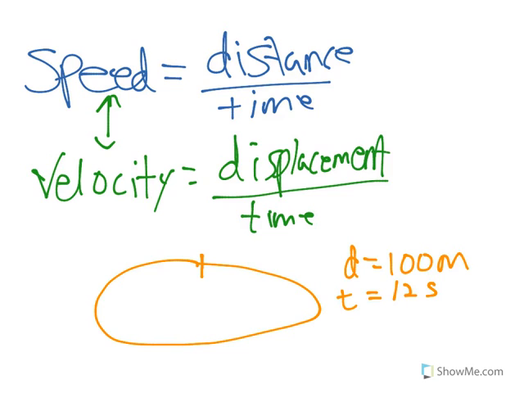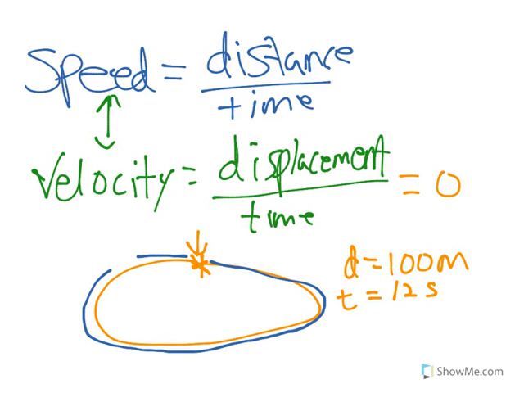The velocity, if we started here and ended here, is equal to 0 in that case, because the displacement is 0, you started and stopped in the same spot. However, the speed includes the entire distance around the circle. You would include this 100. So the speed would be equal to 100 divided by 12. So that's the difference between speed and velocity.